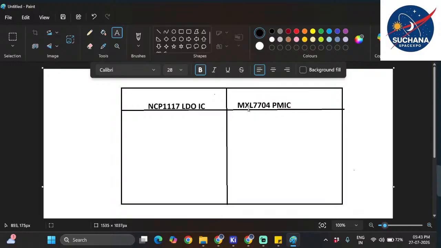Here the prefix MXL indicates Max Linear. Okay, MXL means Max Linear.